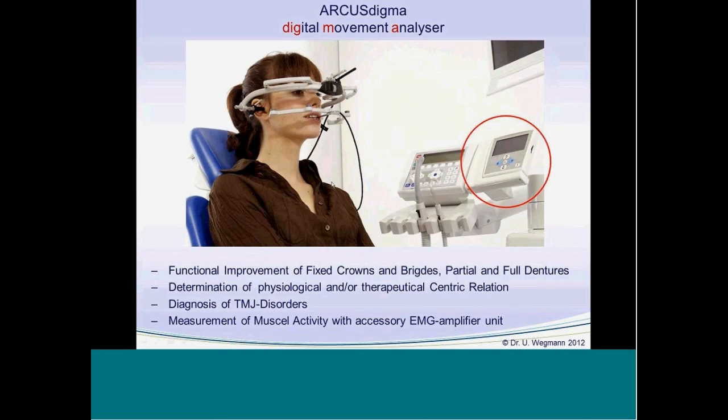Let's say you can use it with every patient where you want to do some prosthetics. Maybe you will do fixed crowns or bridges. You can use it for partial and full dentures. That means you can use it for every patient in the full range of prosthetic works.